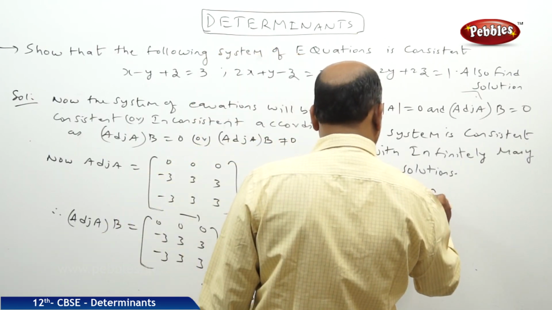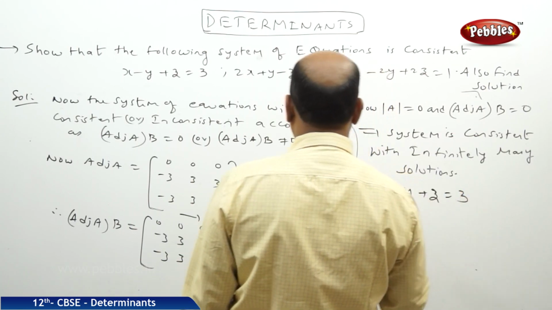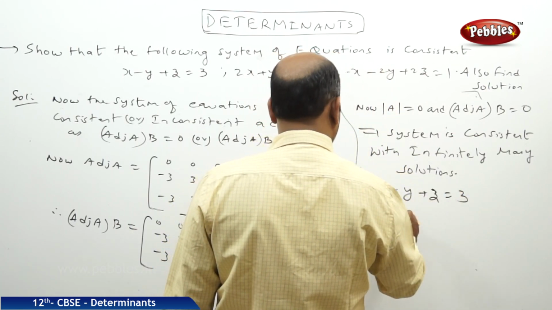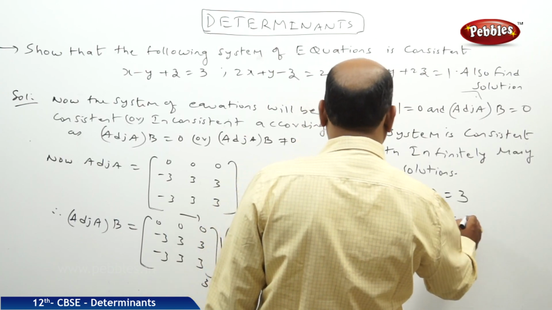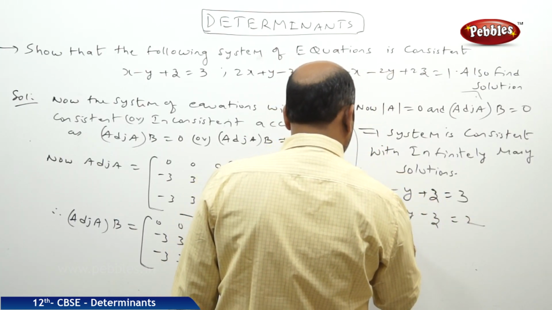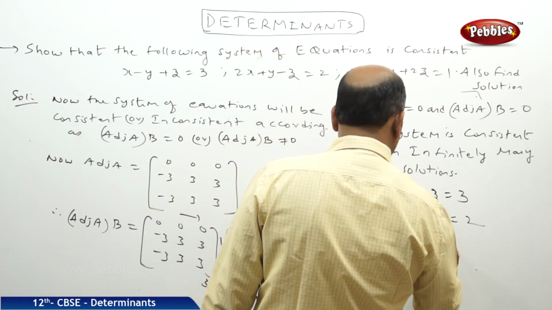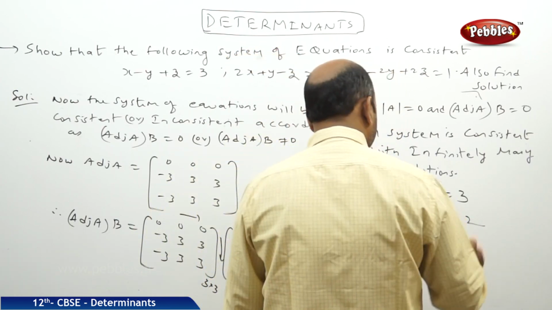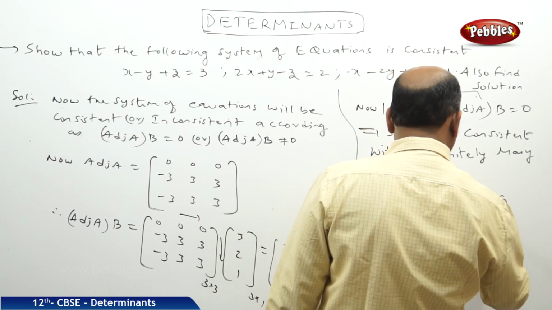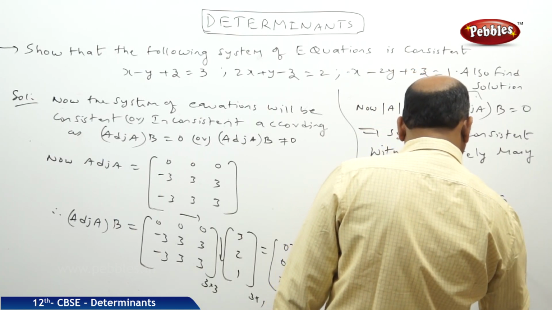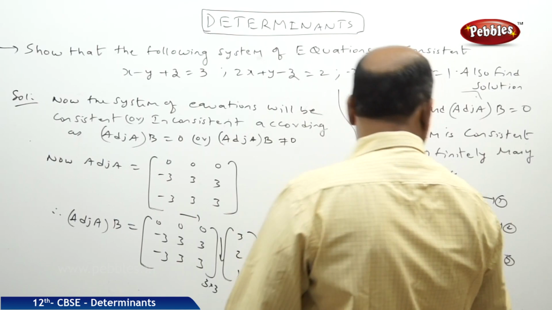Therefore, we need to solve the given system. x minus y plus z equal to 3, 2x plus y minus z equal to 2, and x minus 2y plus 2z equal to 1. I call this as 1, this as 2, and this as 3.